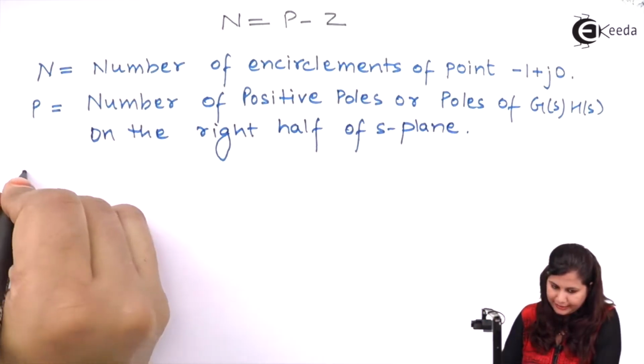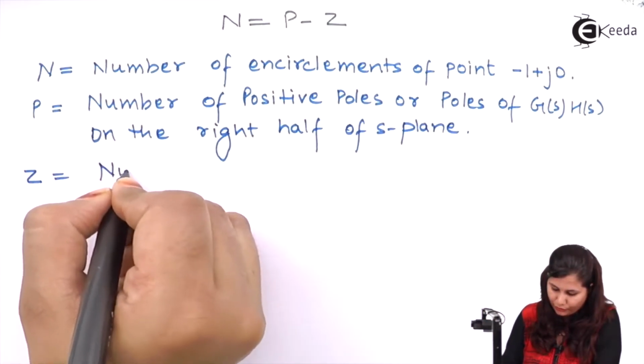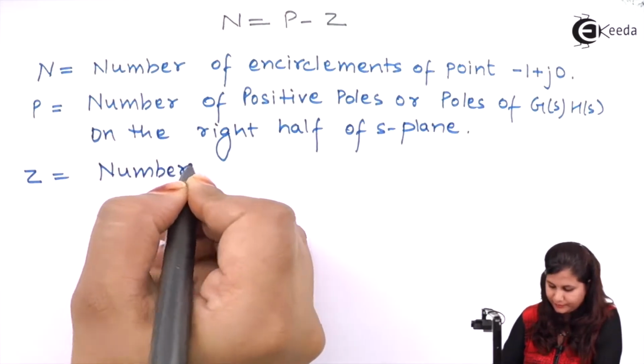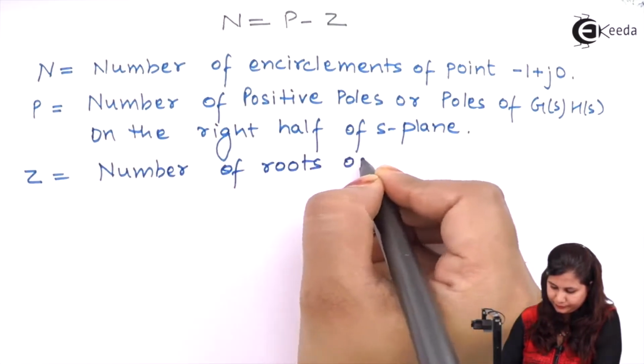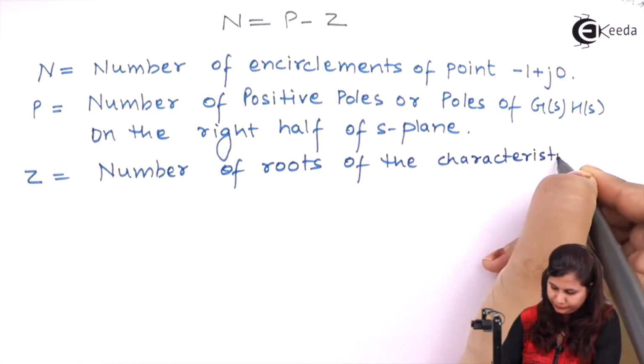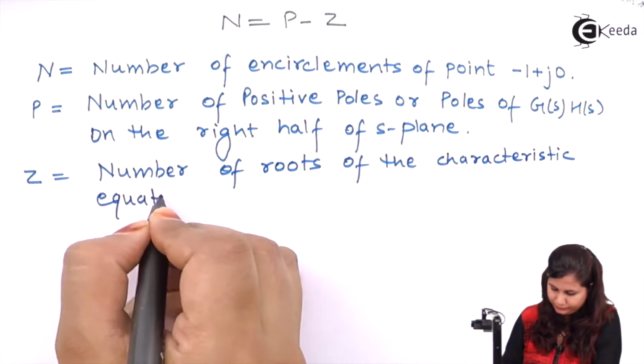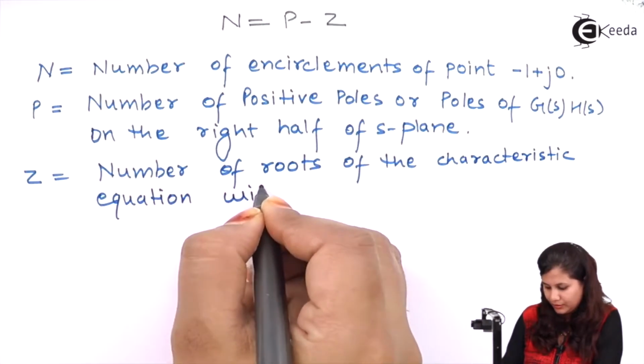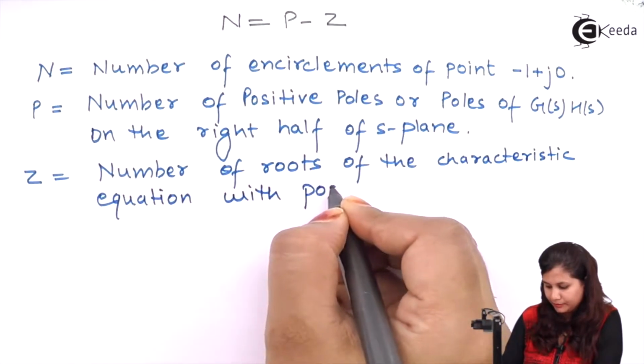And Z is the number of roots of the characteristic equation with positive real part.